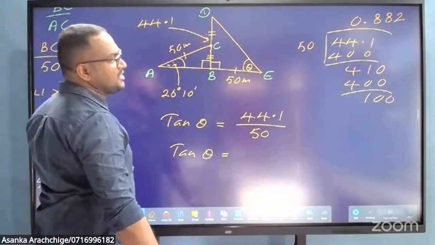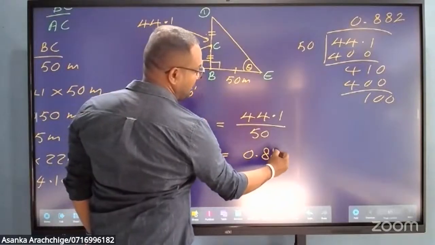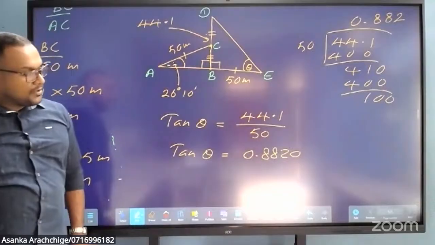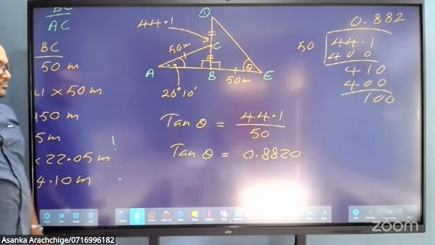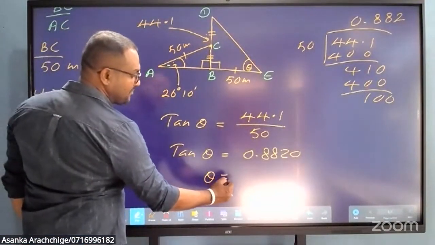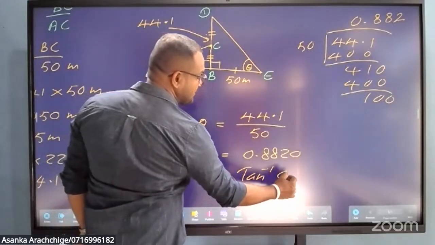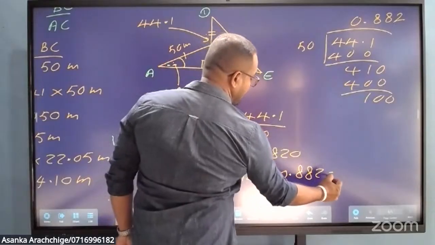That is tan theta must be 0.8820 with 4 decimal places. Am I correct? Therefore, theta must be tan inverse 0.8820.